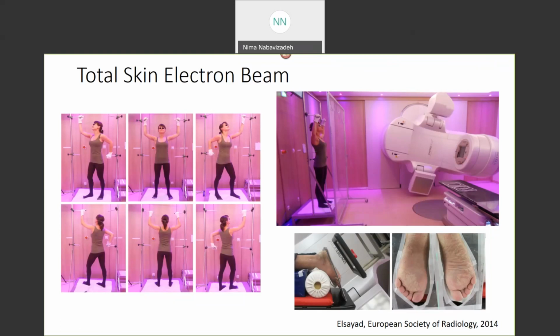In the top right image, you can see this patient in one of those positions, and the linear accelerator is delivering superficial electron beams that basically bathe her skin with radiation dose. And similarly to other radiation subtypes, we've whittled away at the dose.